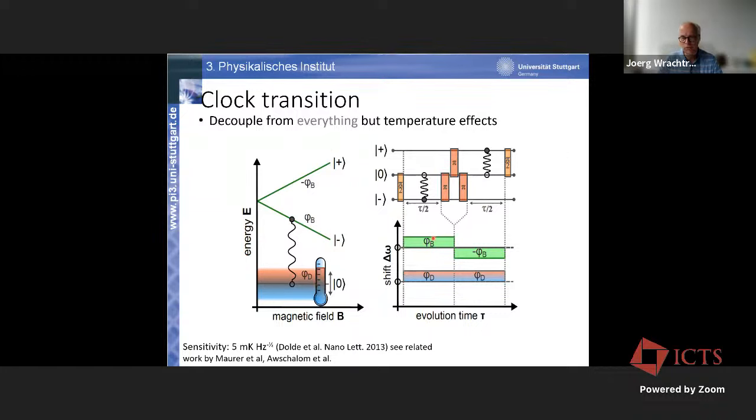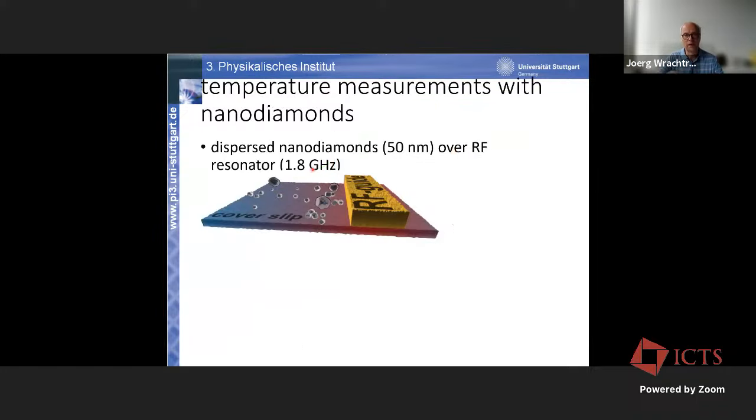And this is what you do with this pulse sequence. Essentially, you generate coherence between 0 and -1, and after some time, you measure the coherent evolution of the electron spin between 0 and +1. Right, and if you do this with good timing, you can actually measure temperature pretty well.